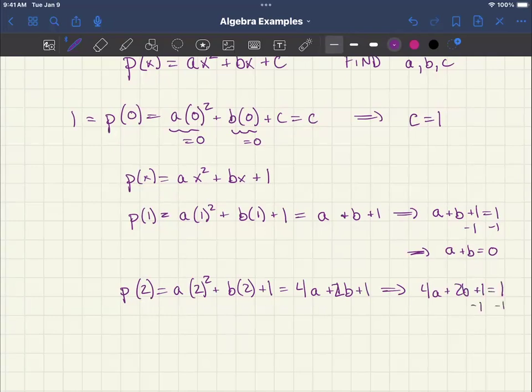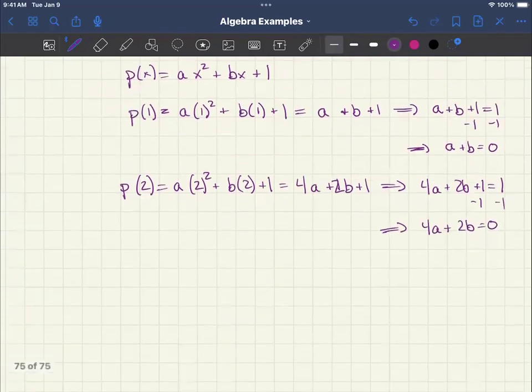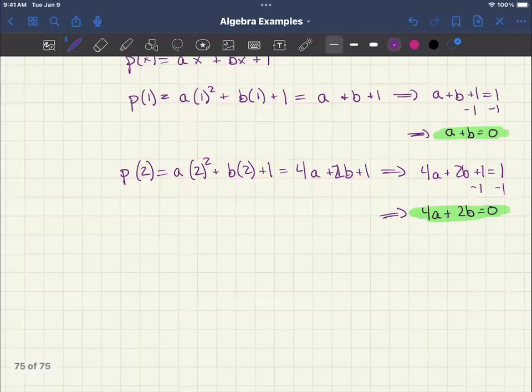We can subtract 1 from both sides, which gives us 4a plus 2b is equal to 0. Now notice we've got two equations and two unknowns. So now we're going to have to dig into our bag of tricks and use our knowledge about solving equations with unknowns to find our a and b.